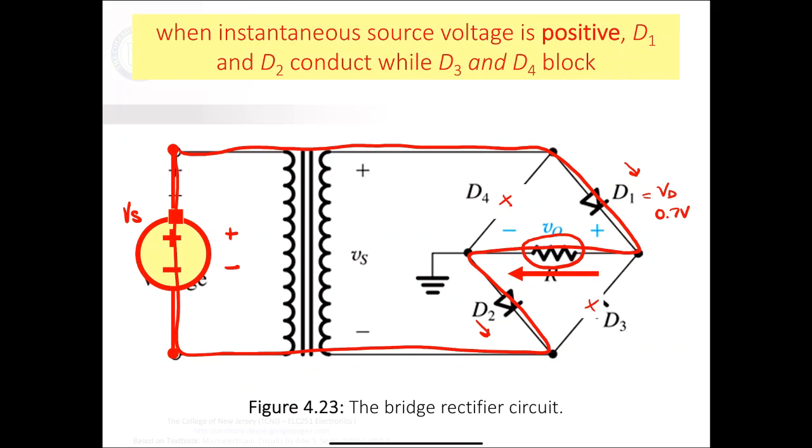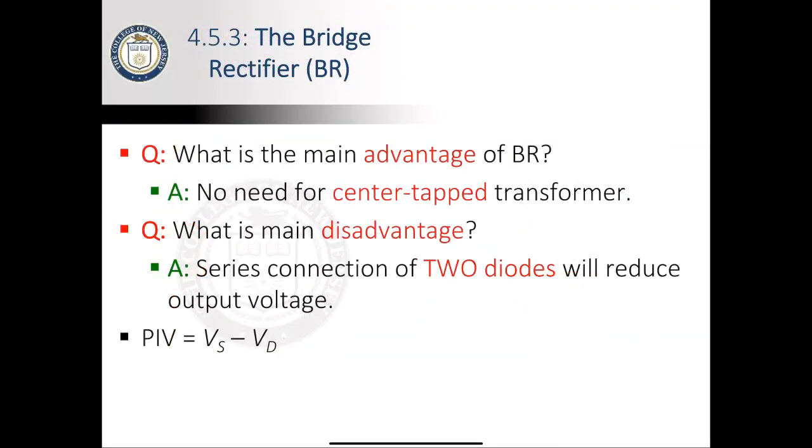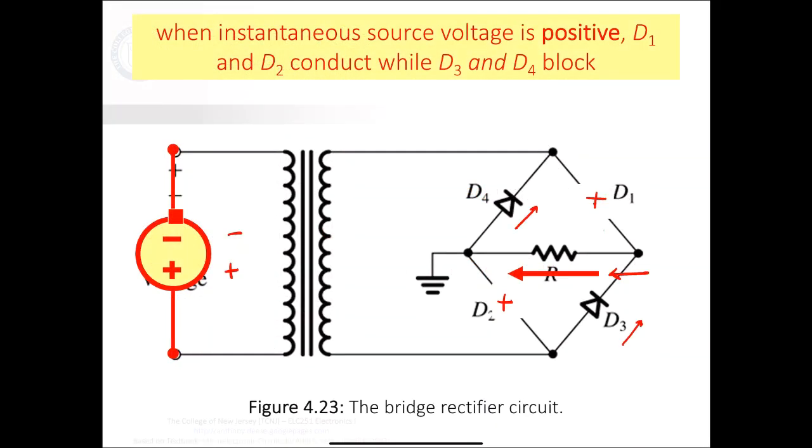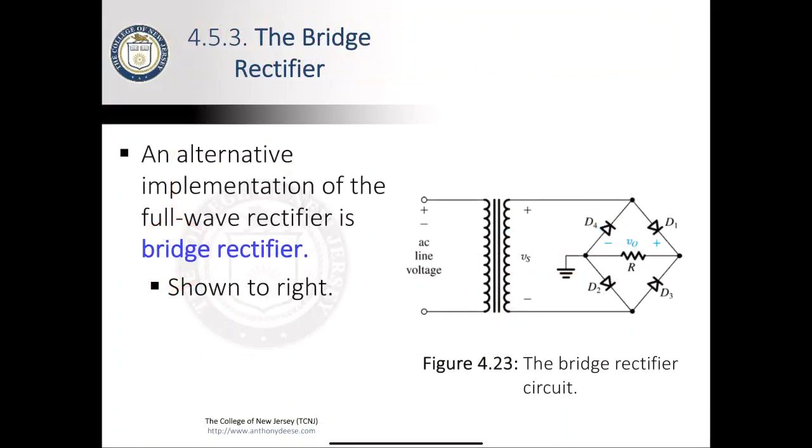So we'll write out KVL for this. And what we will end up with is that VO is equal to VS minus 2VD. Okay, and so that is shown.